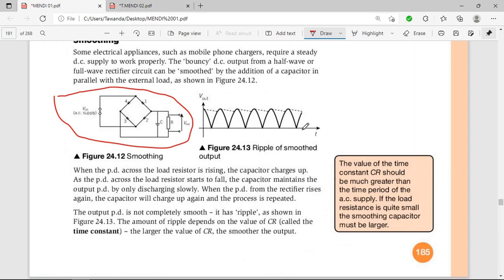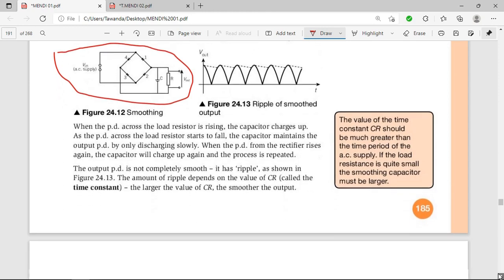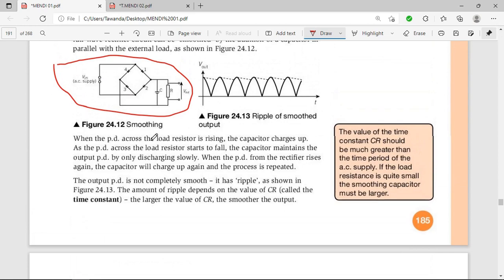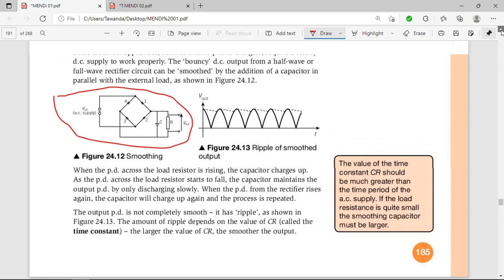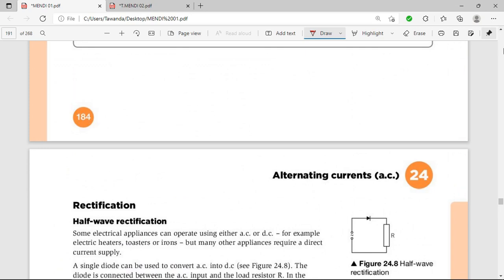So that's all. It's still the same thing that we're talking about here. So this is all about AC currents.